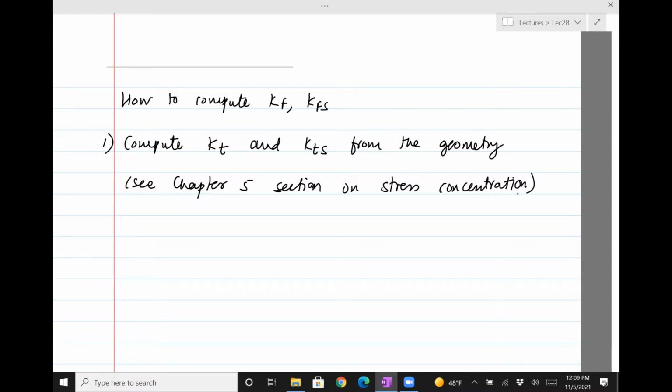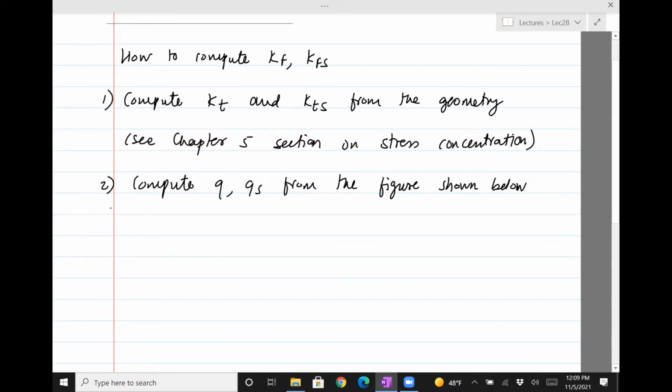It is not a function of the material. Once you get that, then compute Q or QS from the figure shown below. And I'll put the figure in a bit.